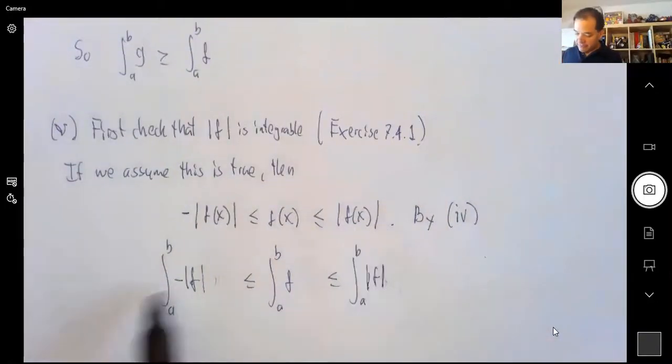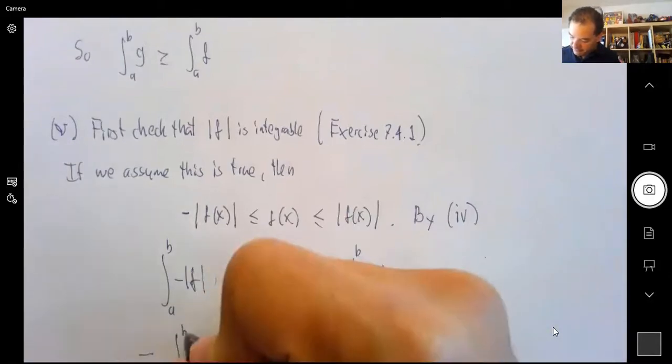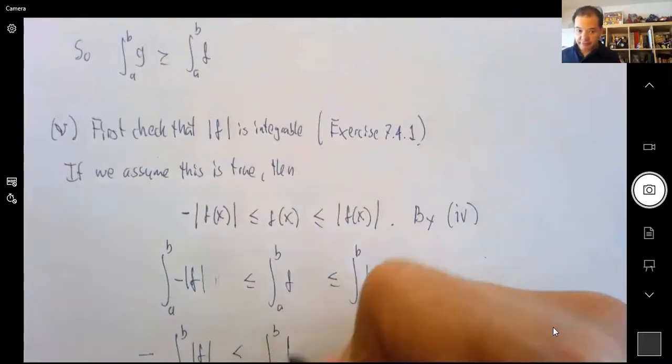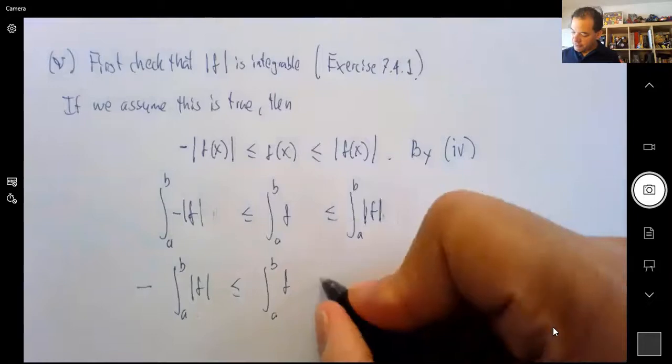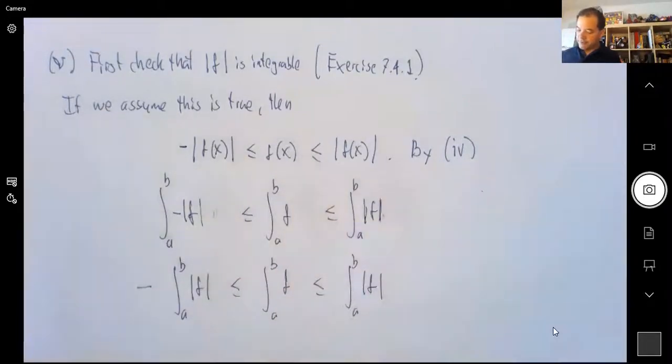And this, we can take the sign out, right? So this is really minus the integral of the absolute value, and this is the integral of the function, and this is the integral of the absolute value. So these two together say that this number is between a number and its negative.